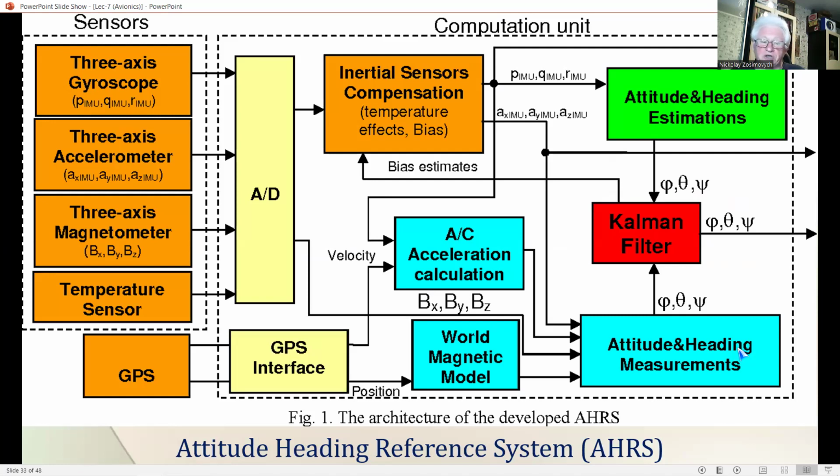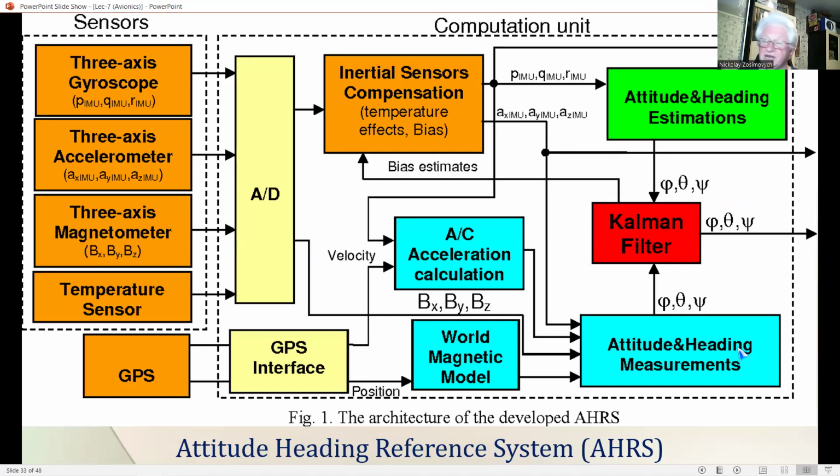They largely determine the performance and accuracy of the systems and account for a major part of the system cost. The attitude heading reference system and inertial navigation system share common technology and operating principles.